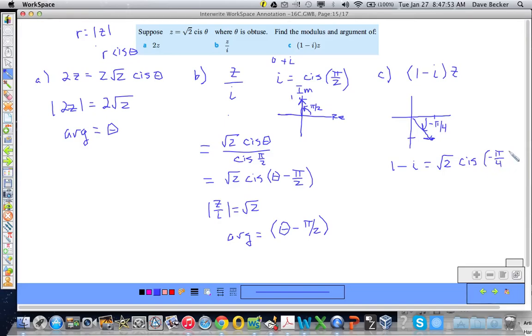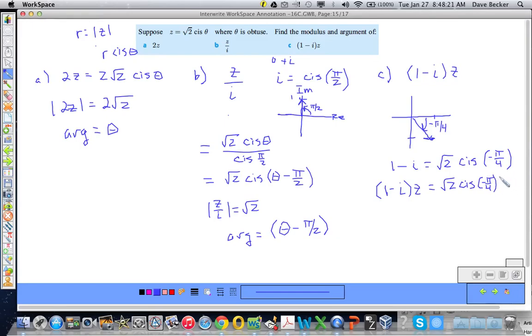Why is that? Well, the mod of 1 minus i is root 2, and we just saw that the argument is negative pi over 4. And so if I take 1 minus i times z, what do I end up with? Well, I get root 2 cis negative pi over 4.